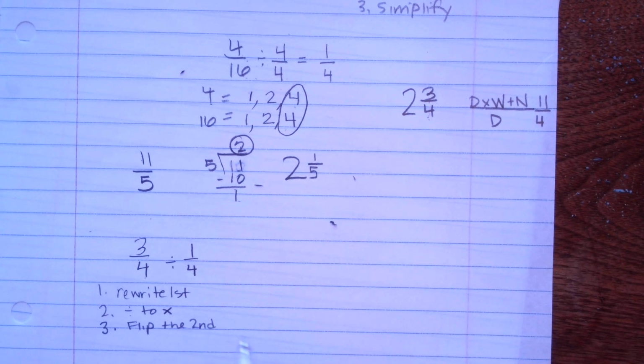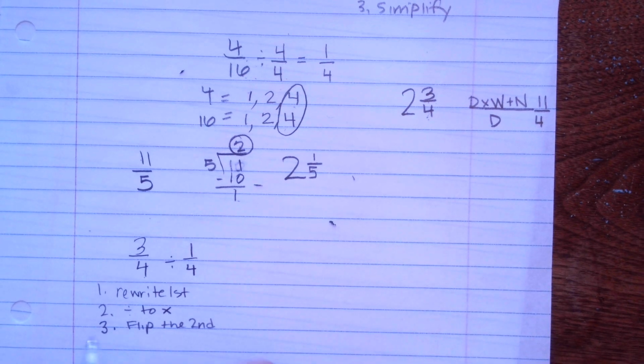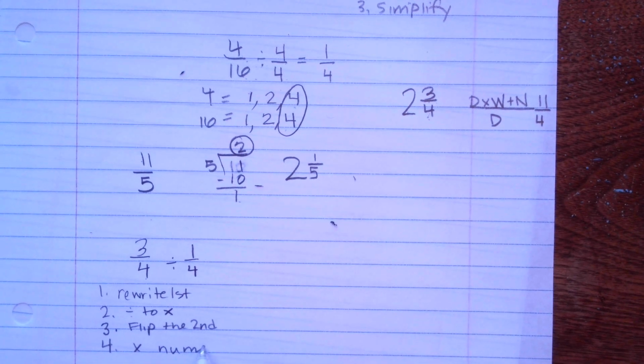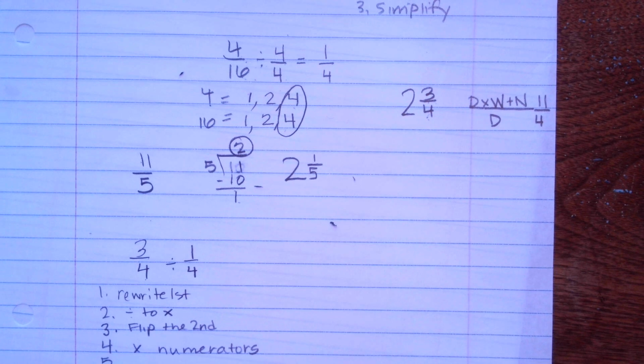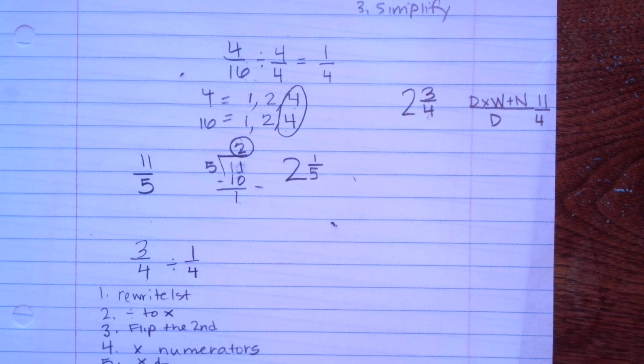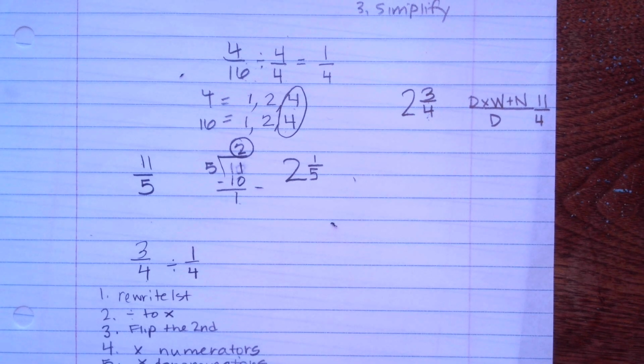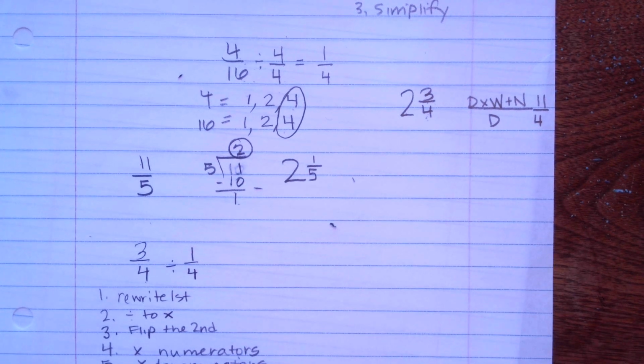So the numerator becomes the denominator and the denominator becomes the numerator. And then you multiply your numerators together. Step 5, you multiply your denominators together. Step 6, simplify. So it has a lot of steps.